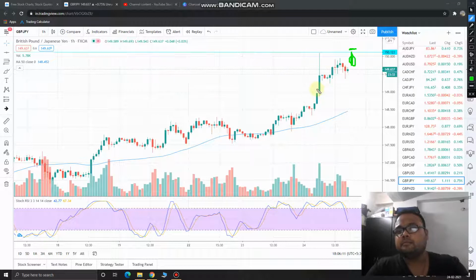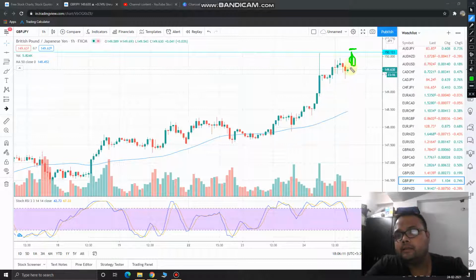And the most important player for today, apart from this line, is the 50 period moving average. We can see that market is taking support at the 50 period moving average.